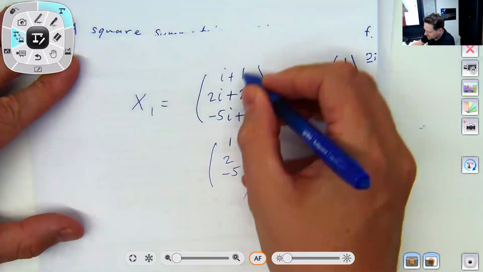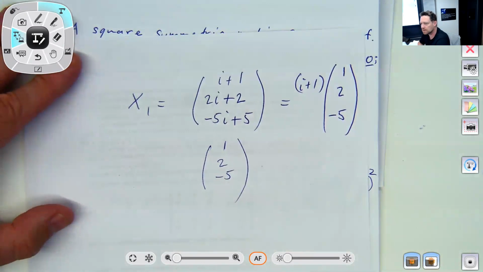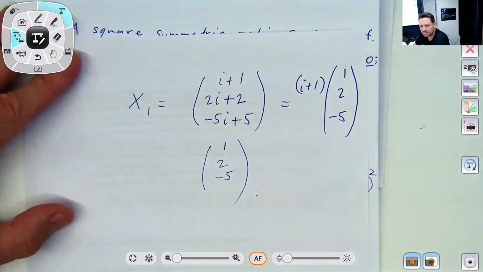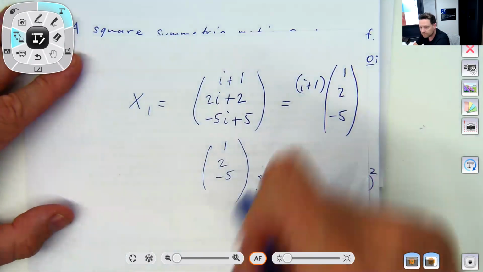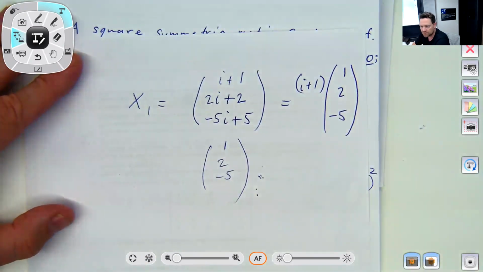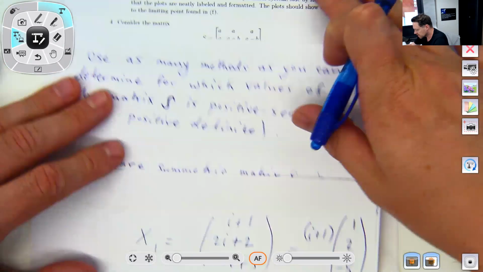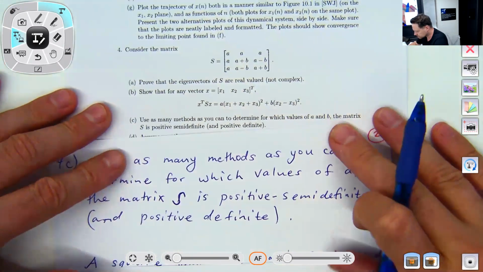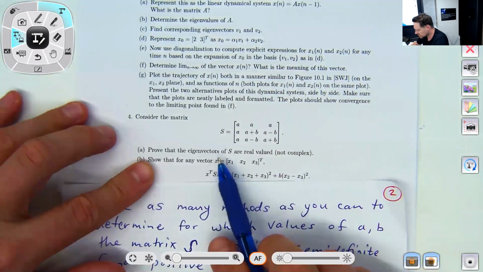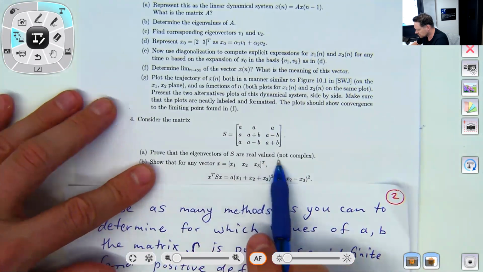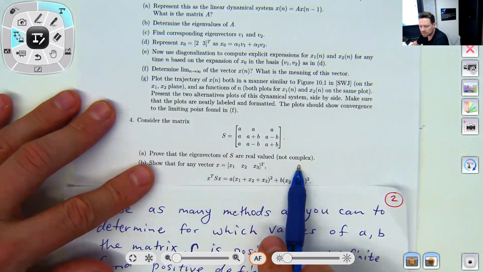Okay, you see this one here has complex values in it, right? But the one I want to use to represent the eigenvector is this one right here with only real entries in it, right? And so if we look at the question, it basically says, prove that the eigenvectors of S are real valued, and then in brackets it says not complex, right?